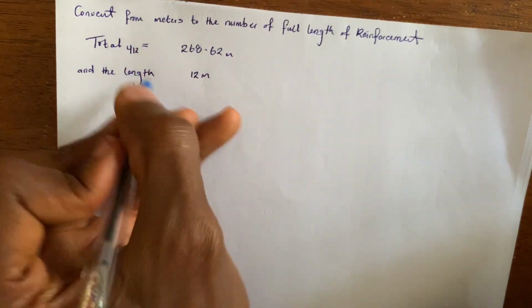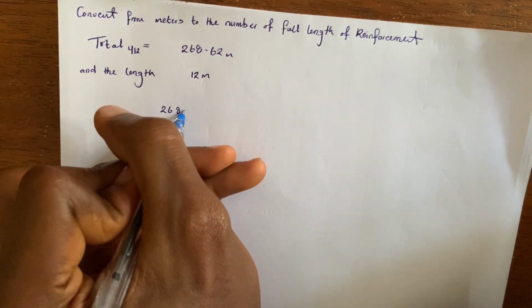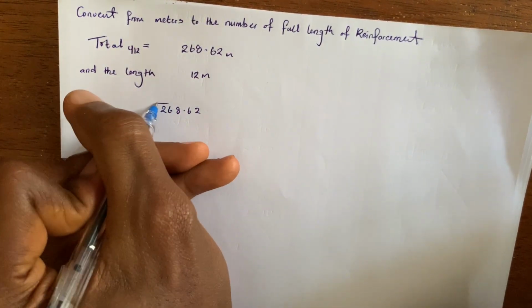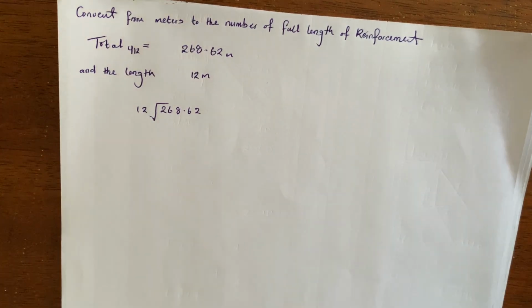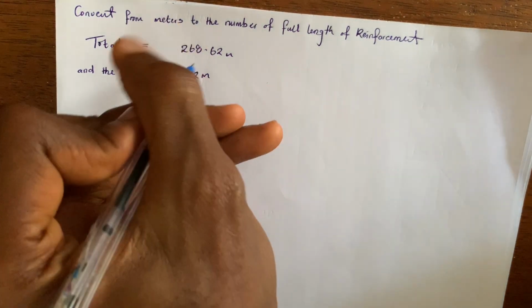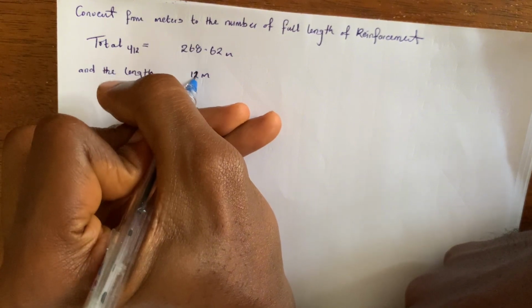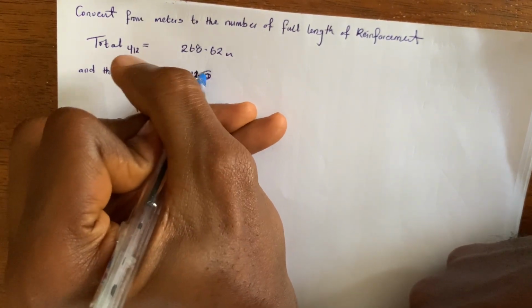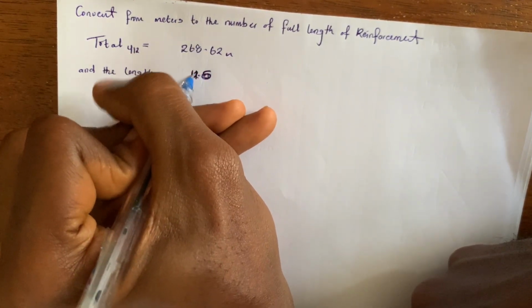So when you divide 268.62 by 12 meters, what will we have? Or let me just say 11.5 rather, sorry, it's supposed to be 11.5 to be on the safe side.